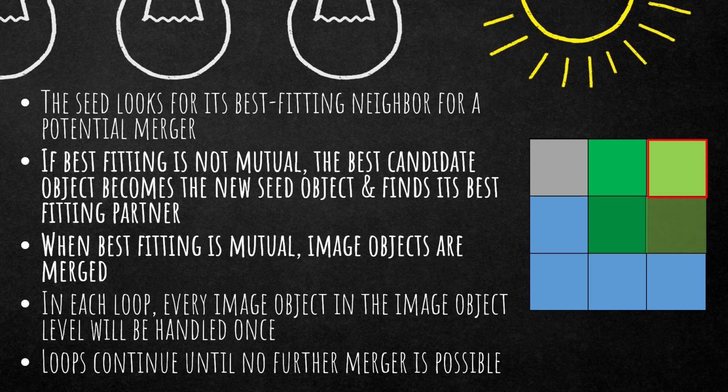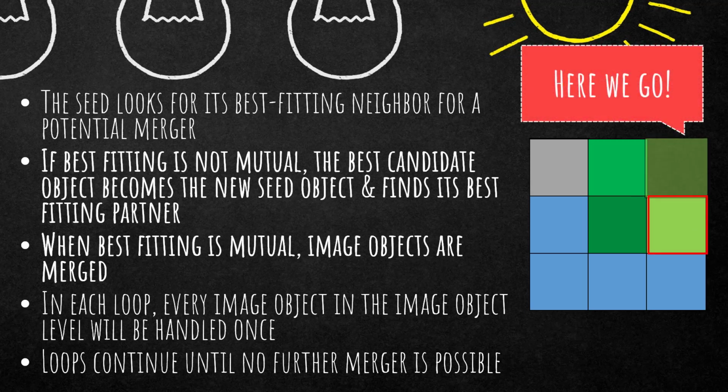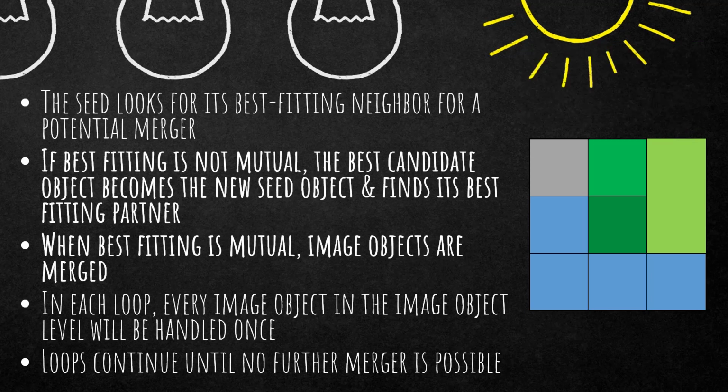And that's going to be continued until best fitting is mutual and then the image objects are merged. So in this case, you see these two green ones. Here the connection is mutual, so these are merged. So in each loop, every image object in the image object level will be handled once, and that's gonna continue until no further merger is possible.